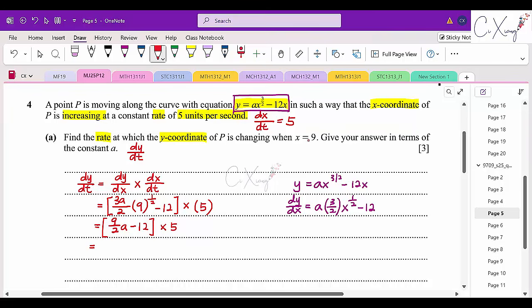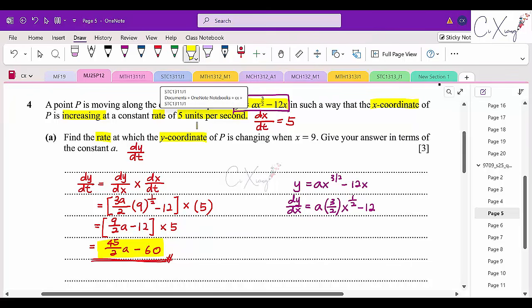If you try to simplify it, you'll be having 9 times 5 is 45, so 45a over 2, then minus 60. Yeah, and they tell you to find out the rate of change in terms of constant a, right? And this is what we get. So it will be equals to 45a over 2 minus 60. This is what we have for part A.